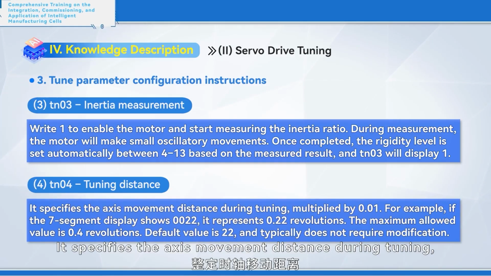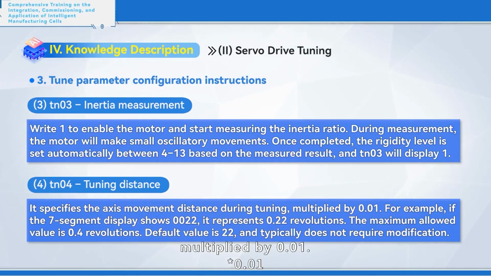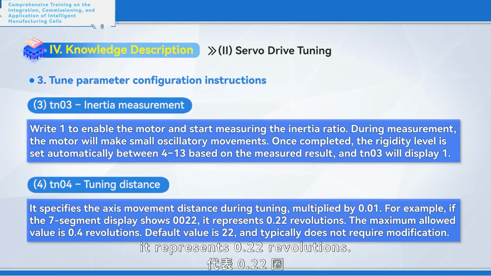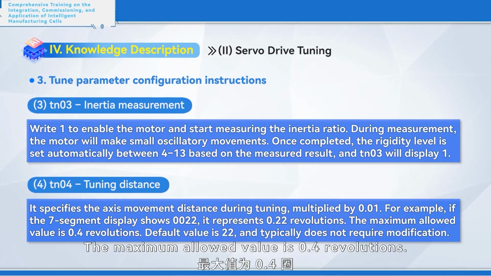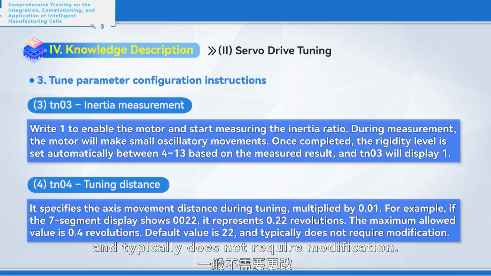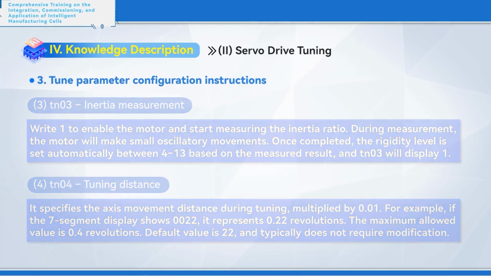It specifies the axis movement distance during tuning, multiplied by 0.01. For example, if the 7-segment display shows 0022, it represents 0.22 revolutions. The maximum allowed value is 0.4 revolutions. Default value is 22 and typically does not require modification.